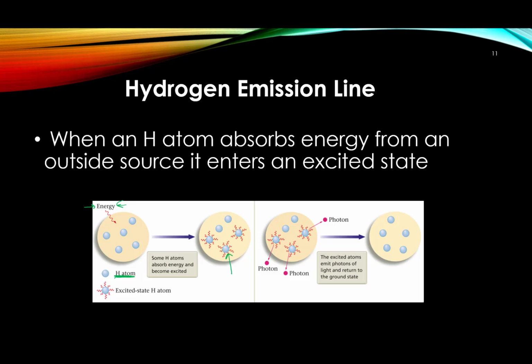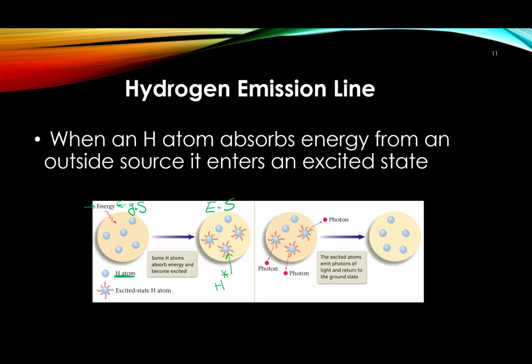This is an excited hydrogen atom, which we can also show like that. Once it goes from ground state to excited state, it eventually comes back down to the ground state. I'm going to show ground state as GS, and excited state.